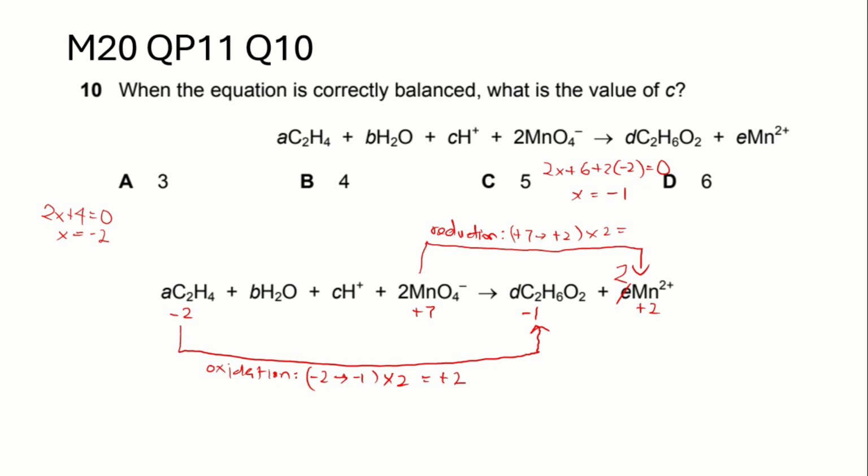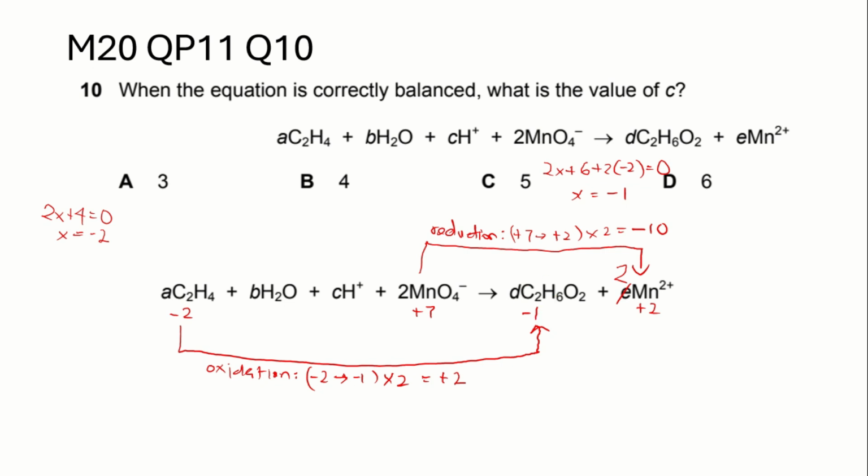So reduced by 5 multiplied by 2, overall it is reduced by 10. So 2 manganese 7 have received 10 electrons to form 2 manganese 2 ions. We have 2 carbon losing 2 electrons to form negative 1 carbon.